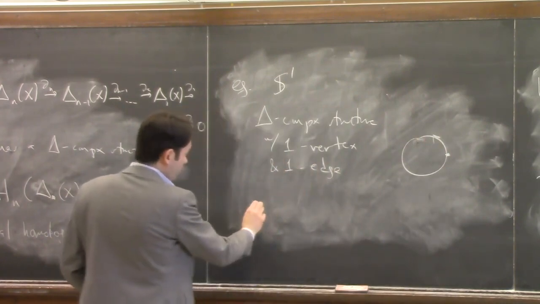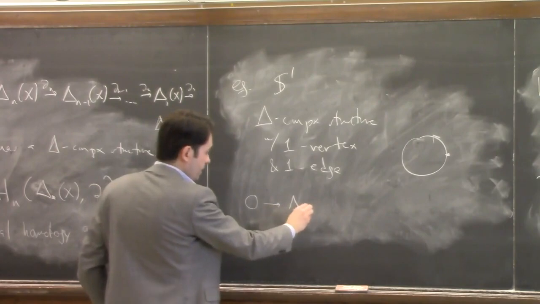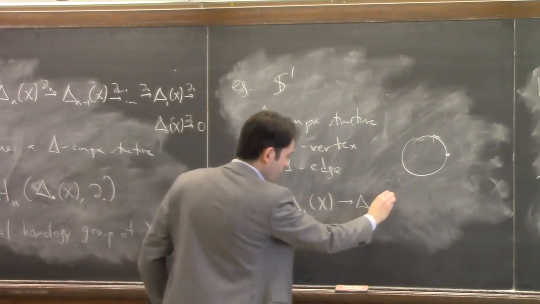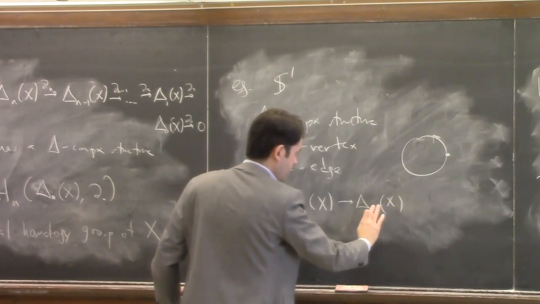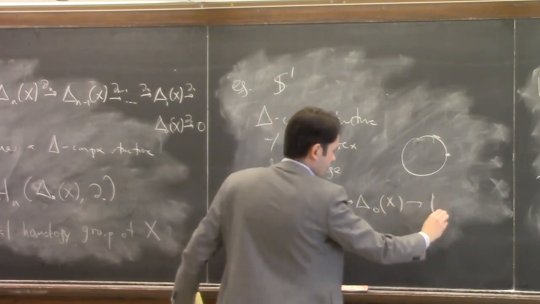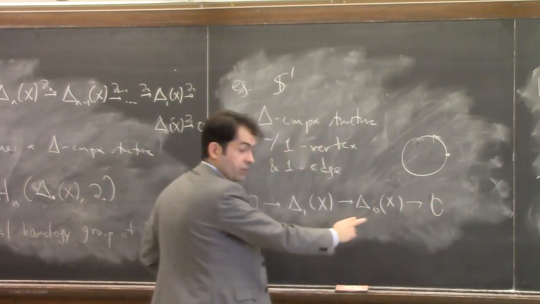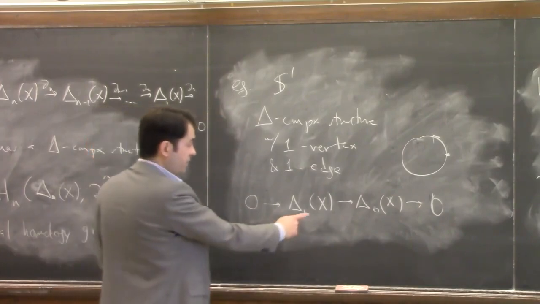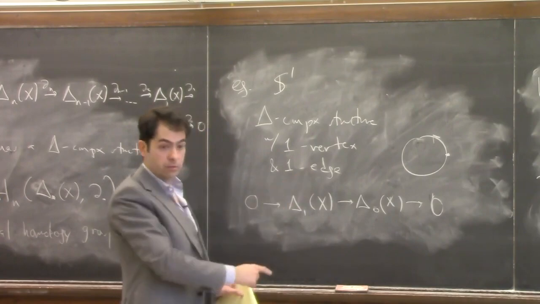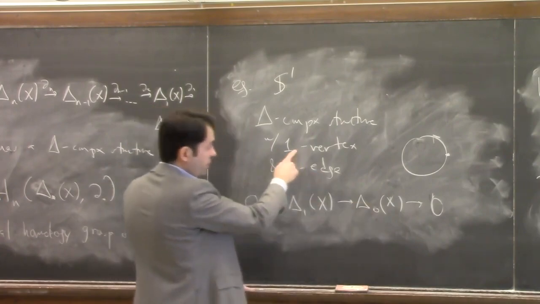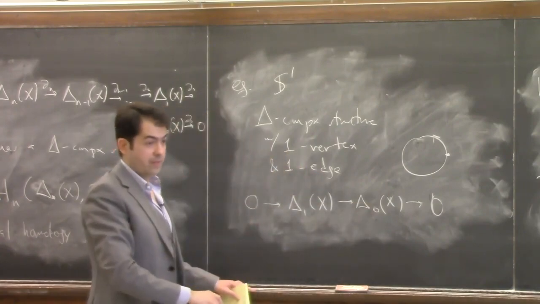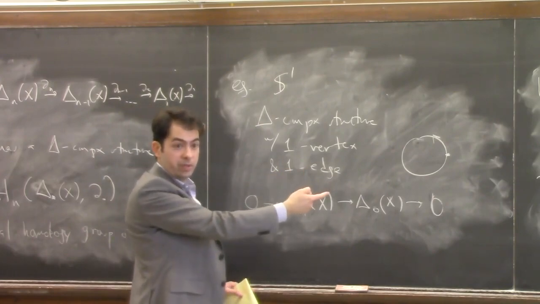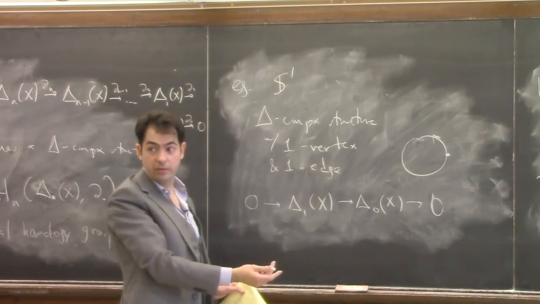This one is really easy, because the only groups that are going to show up are delta 1 and delta 0. This is the free abelian group on our single edge, and this is the free abelian group on our single vertex. The boundary of the edge is 0, because it begins and ends at the same vertex.